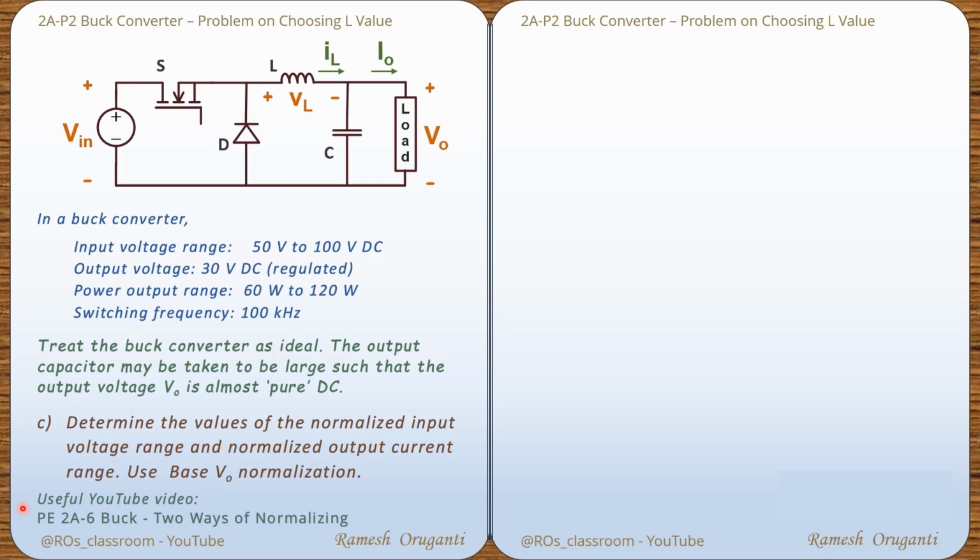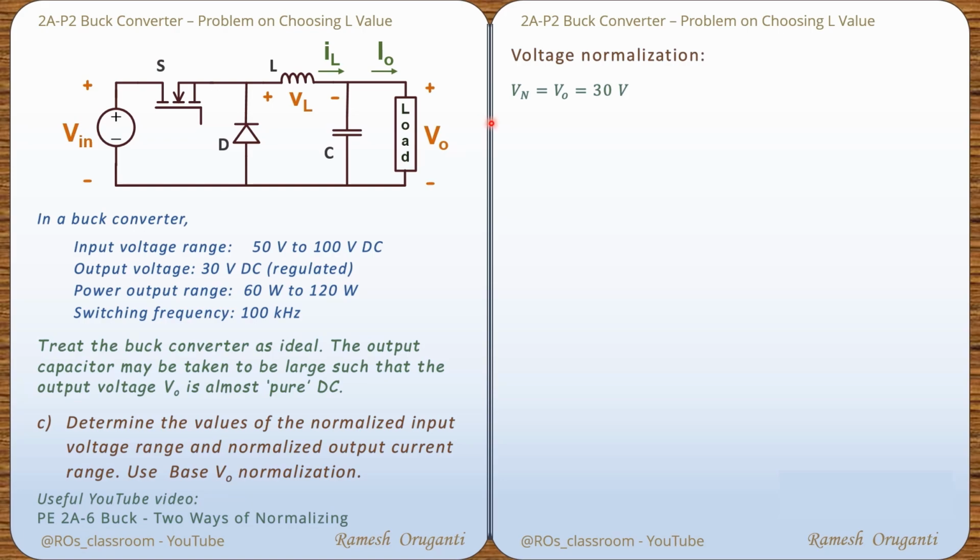And here we are trying to find the normalized values of the input voltage range and the output current range. The voltage normalization factor Vn is the output voltage V0, 30 volts. So what we will be normalizing is the input voltage Vin. Vin n max, the subscript n refers to the normalized value.